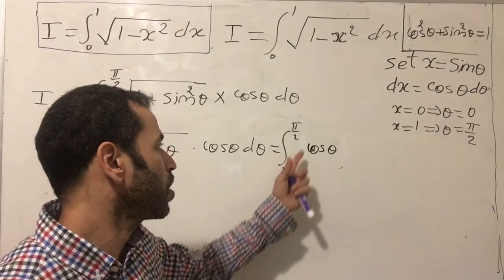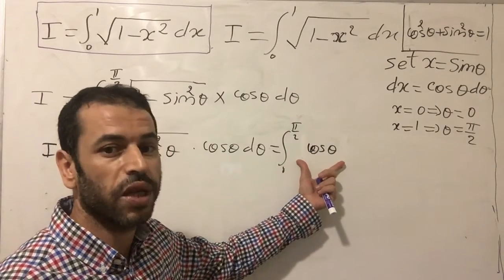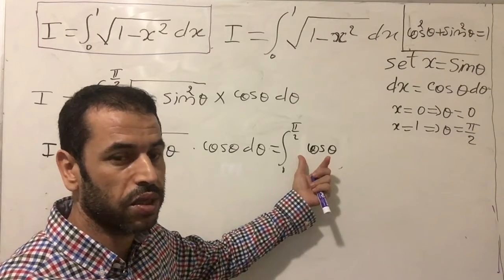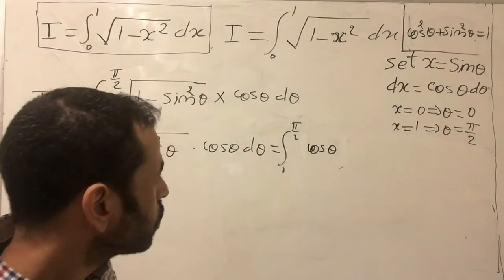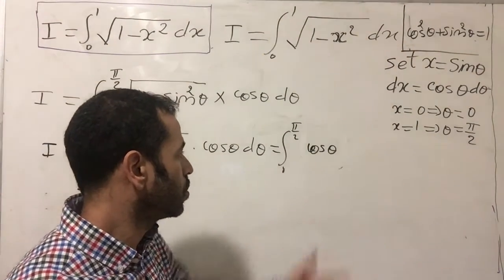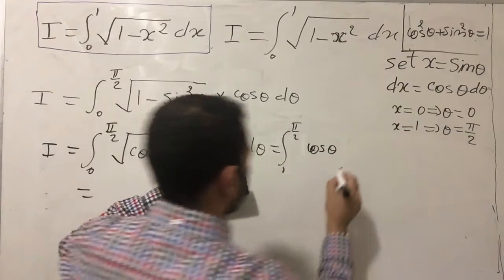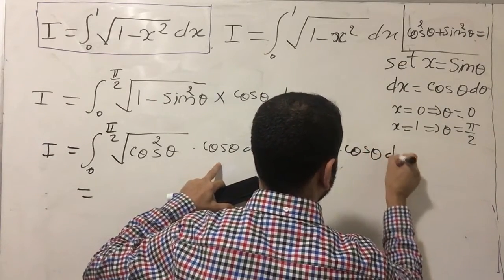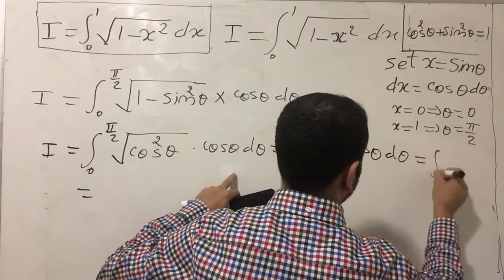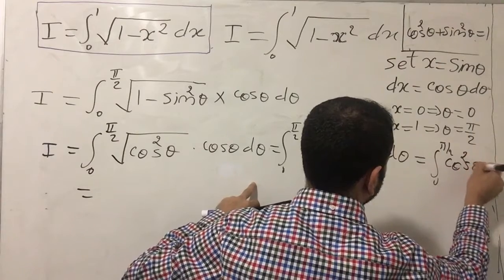If theta were from pi over 2 to pi, cosine would be negative, and you would have to put a minus in front of this cosine theta. So cosine theta multiplied by another cosine theta d theta, from 0 to pi over 2, gives cosine squared theta d theta.